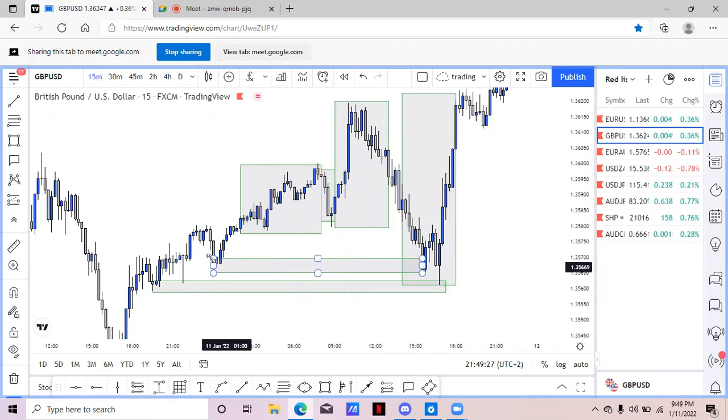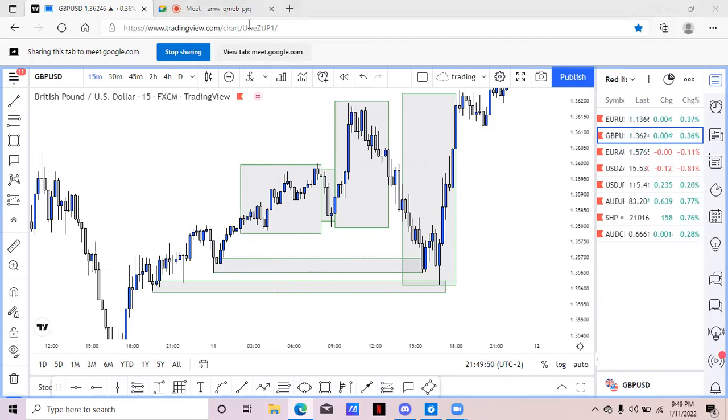Yes, I'd rather take the previous day's order block, and this is what held price. The order block that was made today didn't really hold price, got violated, and then this small order block here held price, isn't it? And pushed it to the upside.